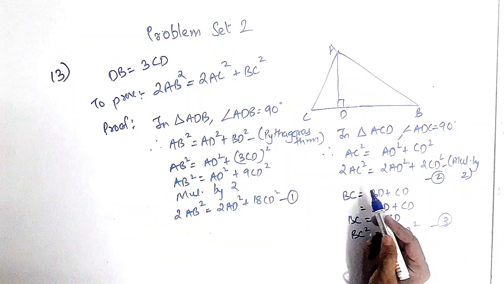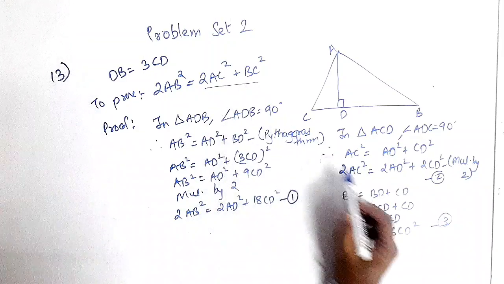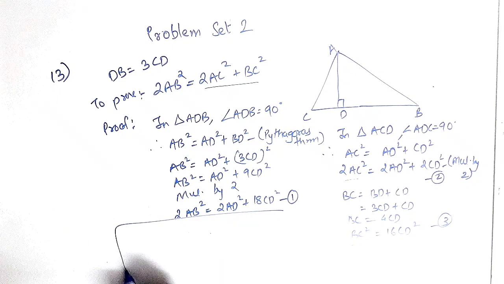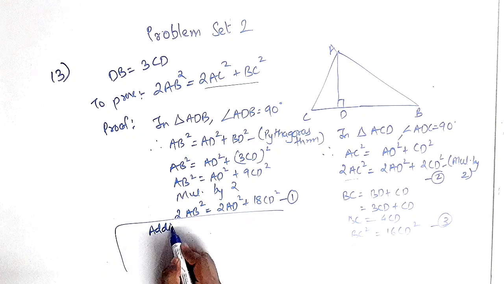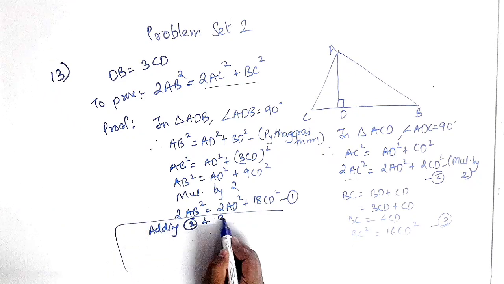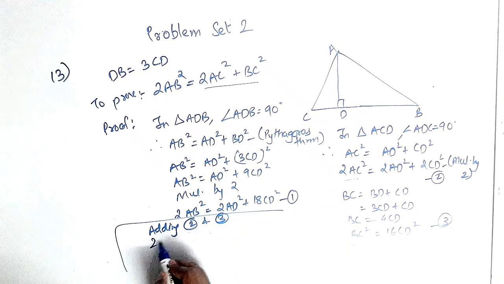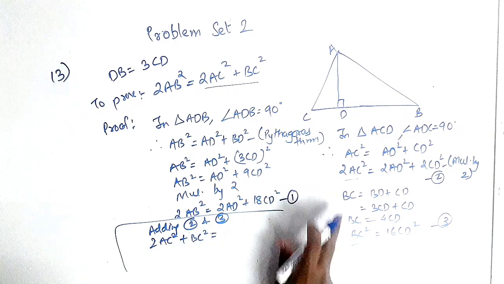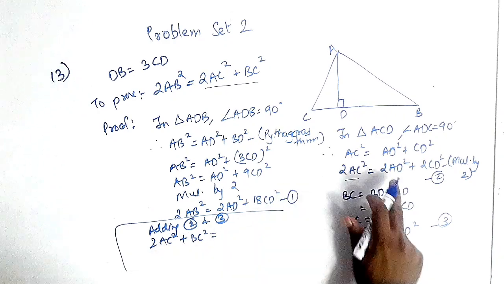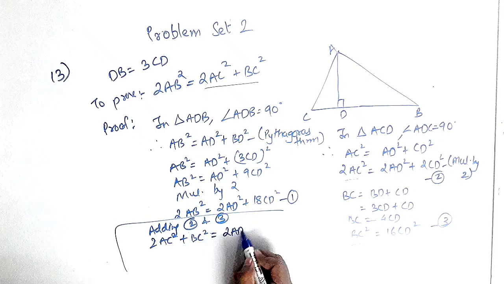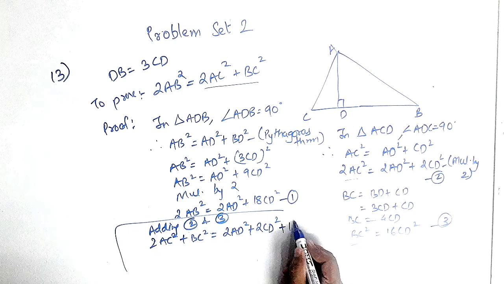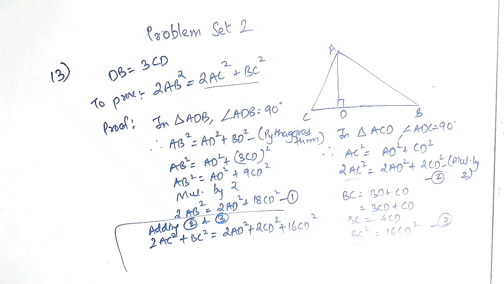Why? Because I want 2AC square and BC square to be added. So adding 2 and 3, what will we get? 2AC square plus BC square, LHS I got added, equals 2AD square plus 2CD square plus 16CD square.